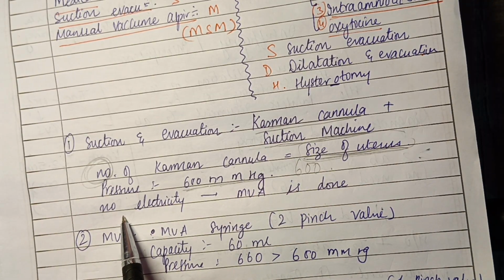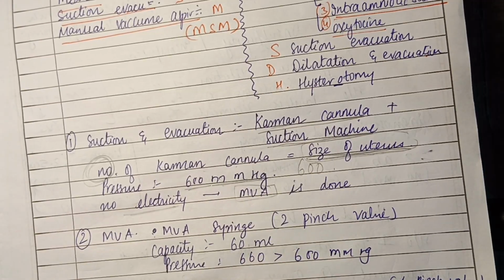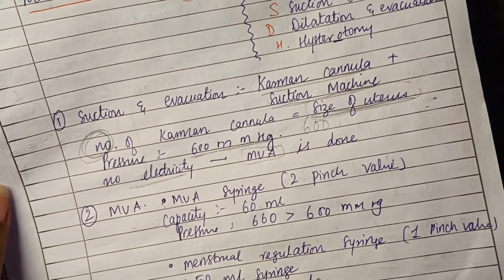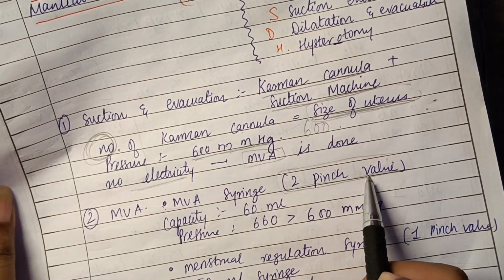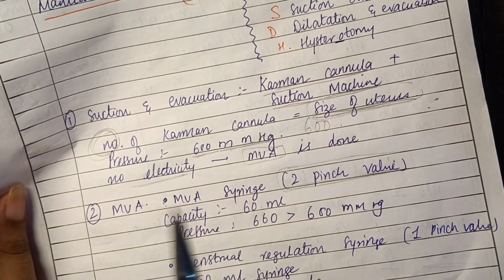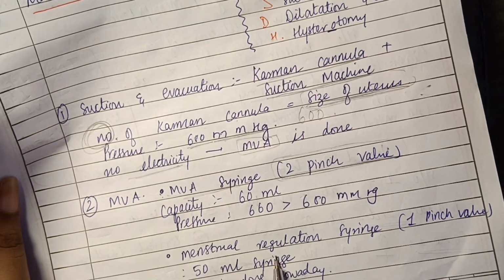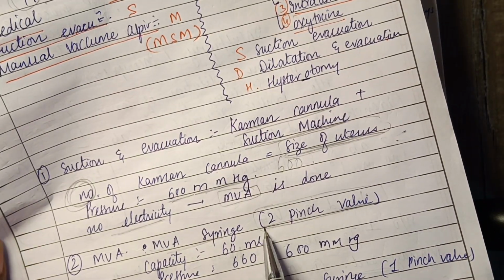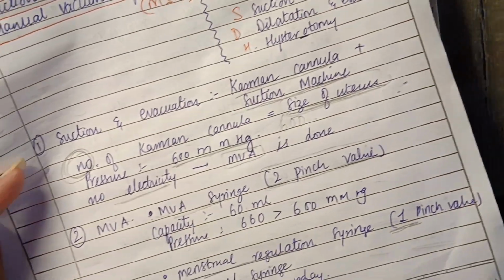And in an area where no electricity is available, you will go for manual vacuum aspiration. Now, the MVA syringe has two pinch valves. This is important because mostly in viva you will be asked how you differentiate between an MVA syringe and a menstrual syringe. The MVA syringe has two pinch valves, whereas the menstrual syringe has one pinch valve.